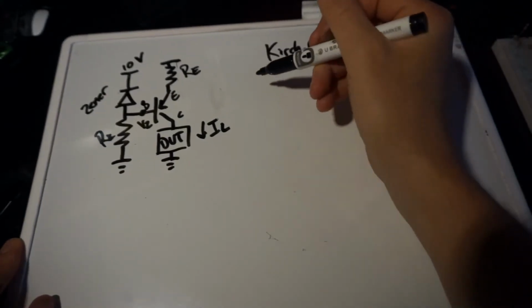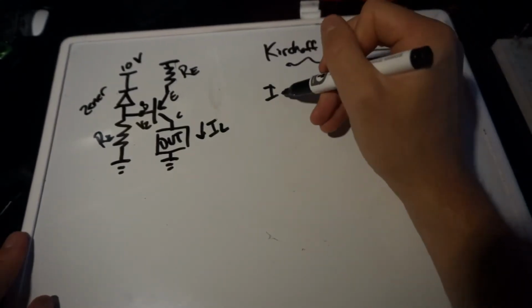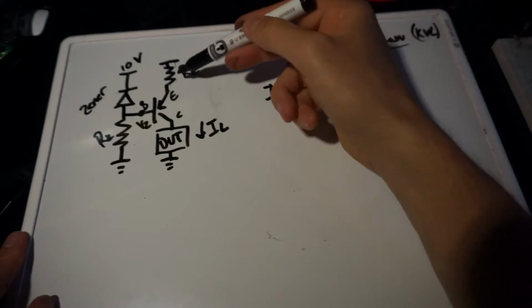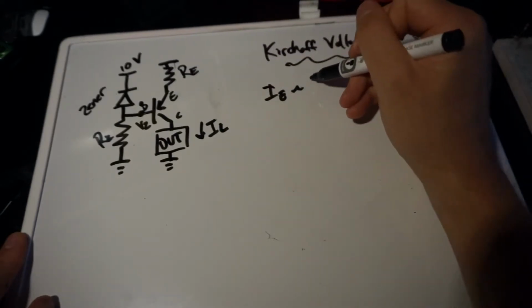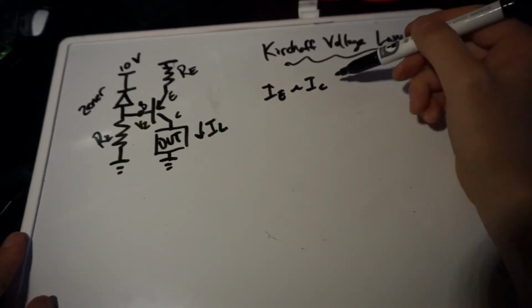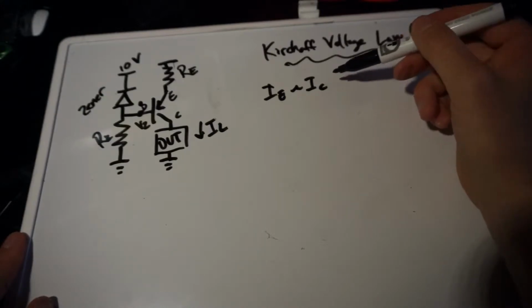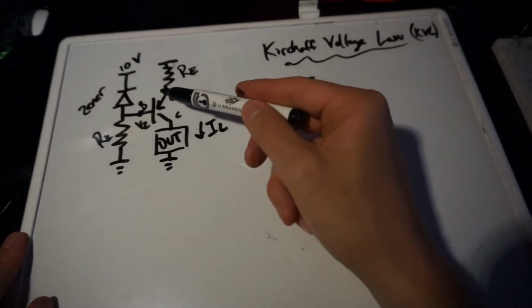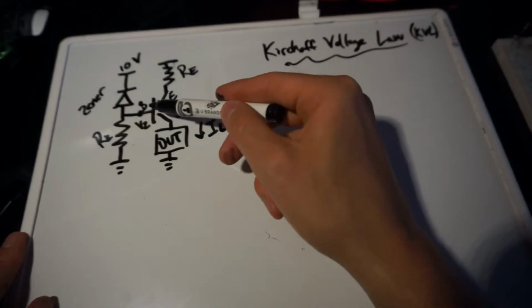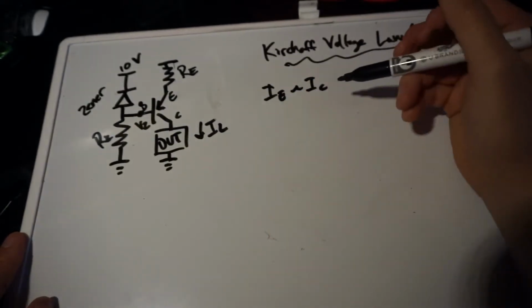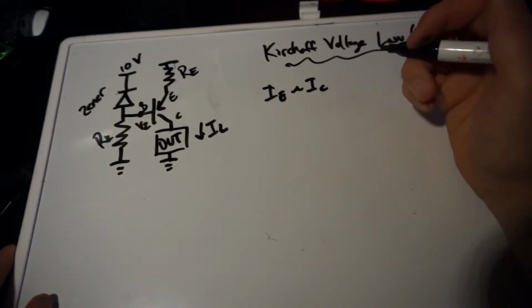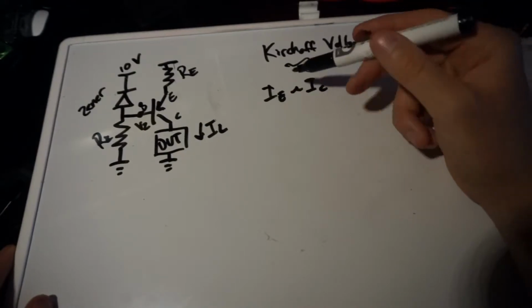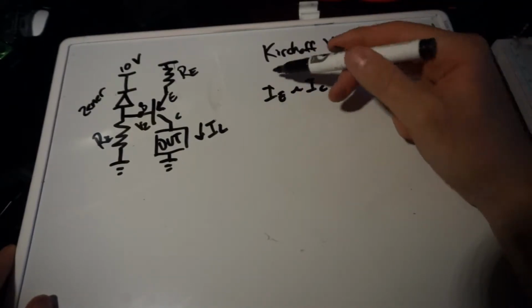So we're going to make a few approximations here. We're going to say that the current through the emitter side of the transistor is approximately equal to the current through the collector, because there is a little bit of current leaking out of the base of the transistor, but it's hundreds of times smaller than the collector or emitter current.